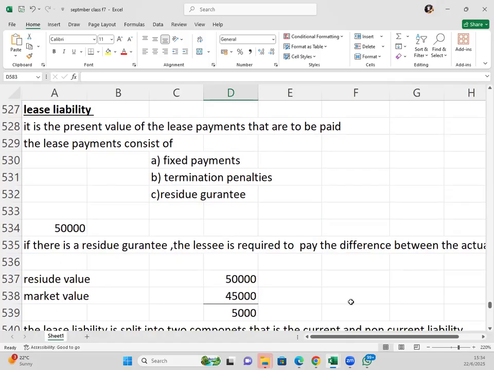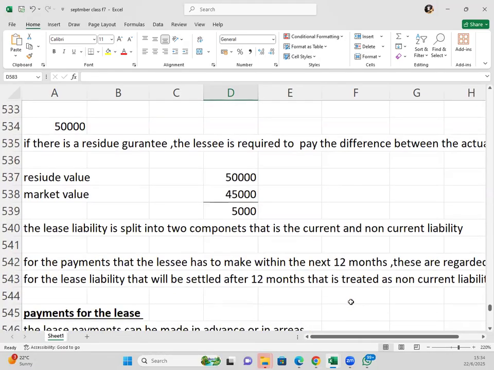Remember, you get the asset, you get to use it, but you'll be paying the rental. So the lease liability covers the payments that you are going to be making in regards to this lease that you have entered into.